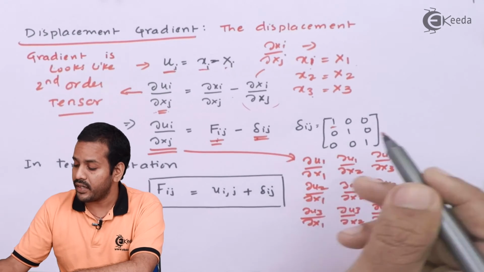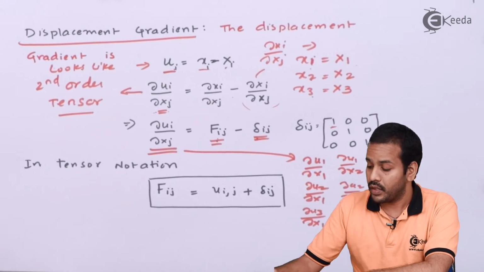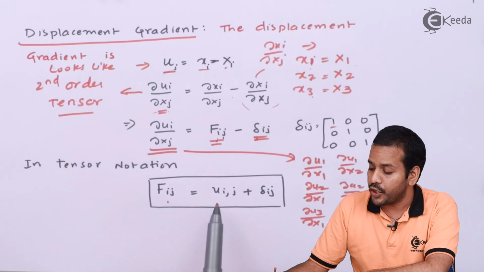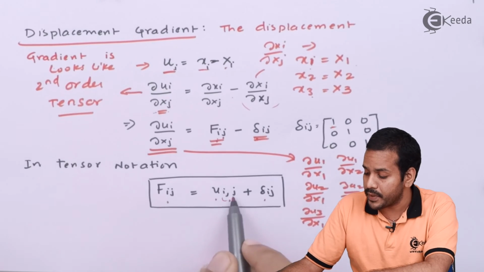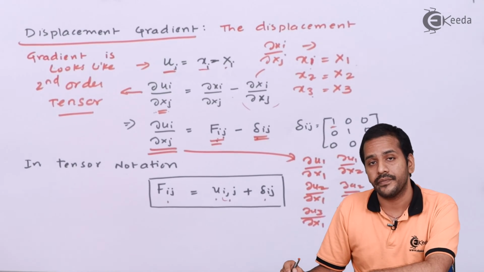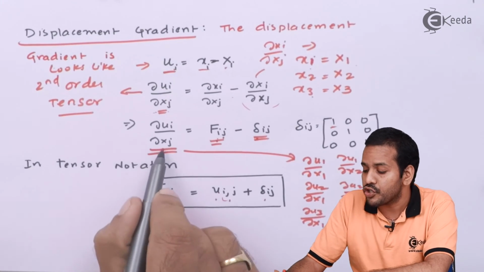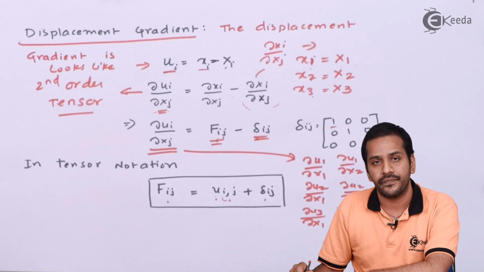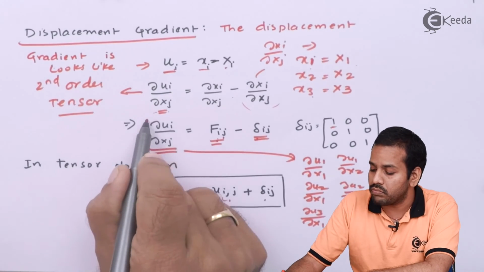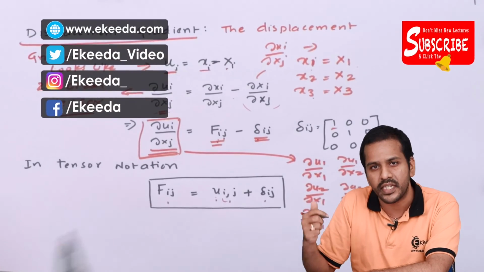So it has a complete 9 components. In the tensor notation, Fij is nothing but ui comma j plus delta ij. If you remember, this comma represents the differentiation operator, a differentiation with respect to space. So in the shorthand notation, dou ui by dou Xj can be represented as ui comma j. This displacement gradient is very, very important. We will define strain from this displacement gradient.